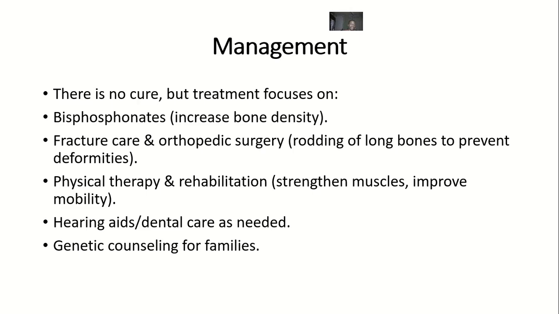There's physical therapy and rehabilitation, which strengthens muscle and improves mobility. You can also give hearing aids and dental care as needed to patients with hearing disorders or soft teeth as a result of osteogenesis imperfecta.